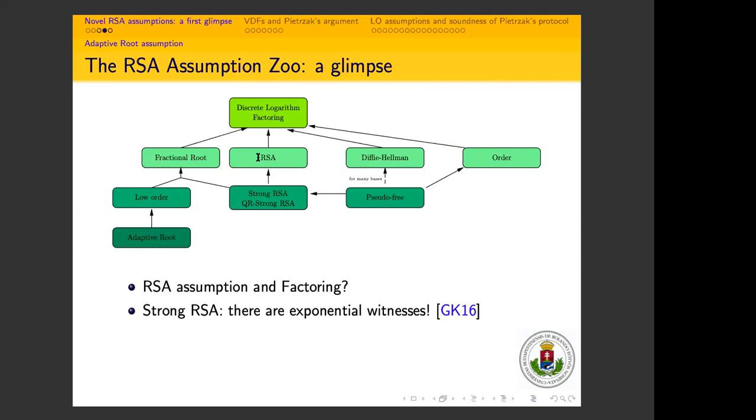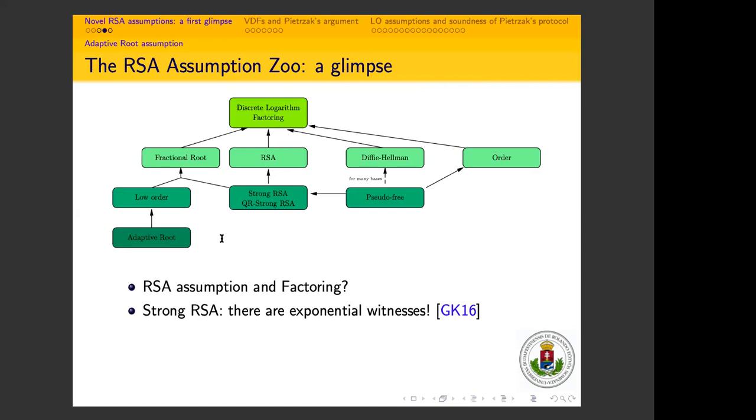The strong RSA assumption is a stronger version where we allow the adversary to choose this exponent on her own. The RSA assumption is one search problem, and the strong RSA assumption is essentially an exponentially stronger assumption, because it says that it's hard to compute roots for exponentially many exponents. Goldwasser and Kalai say that such an exponential assumption is not really nice, and it would be nice to avoid such assumptions. That's what they say in this position paper.